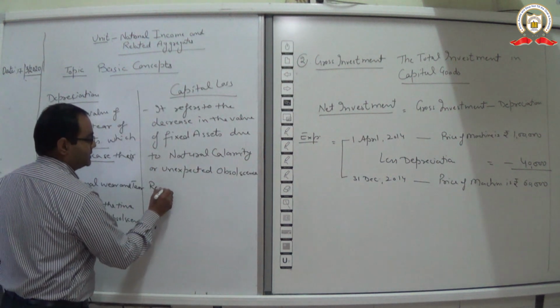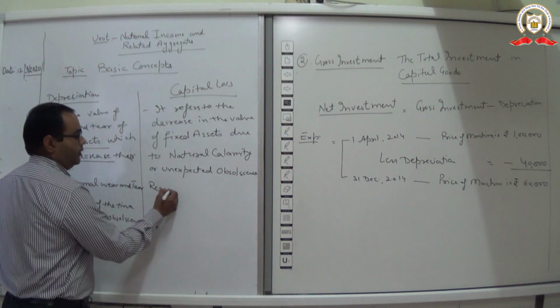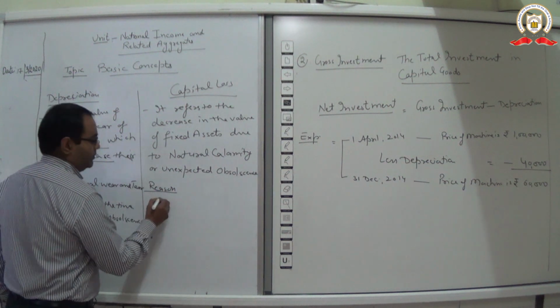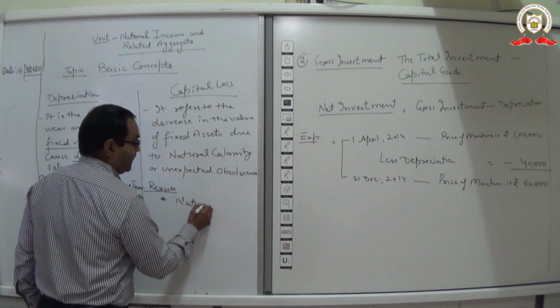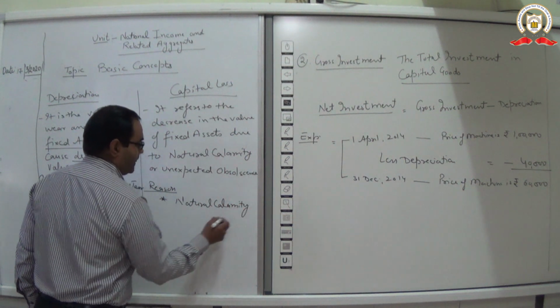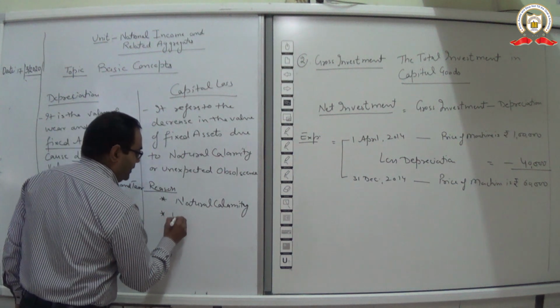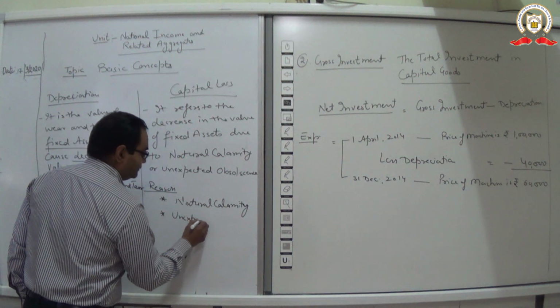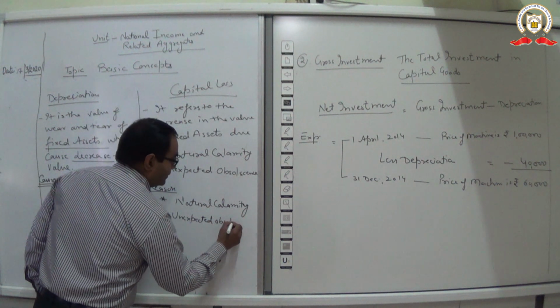So two reasons are responsible for fall in the value of fixed assets. One, natural calamity. Second, unexpected obsolescence.